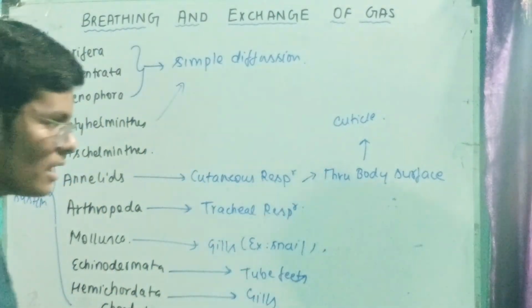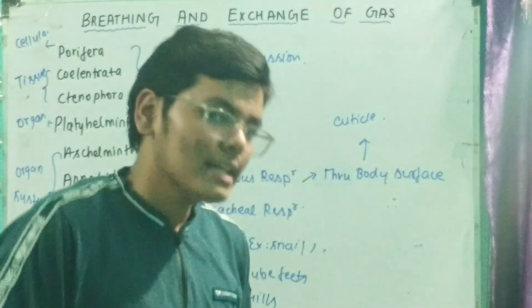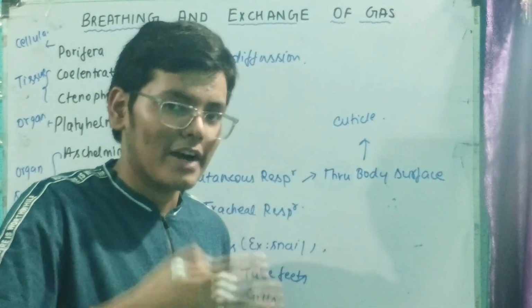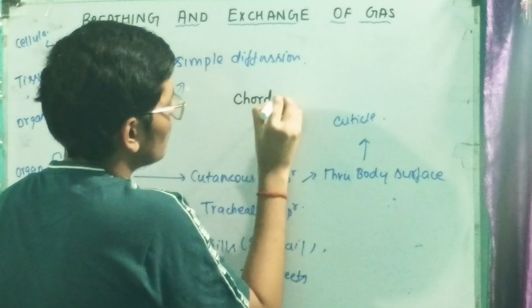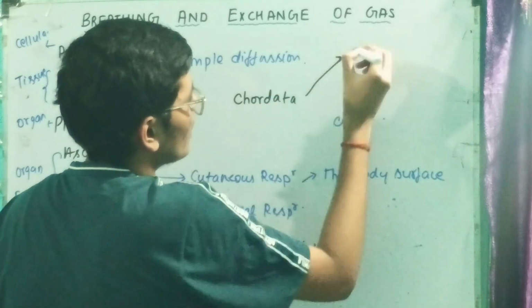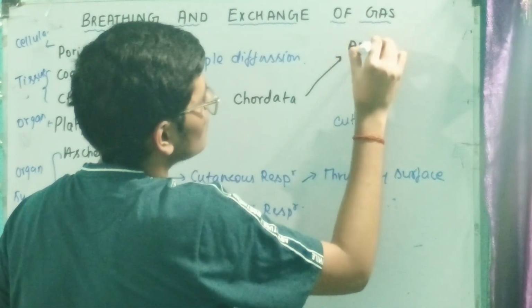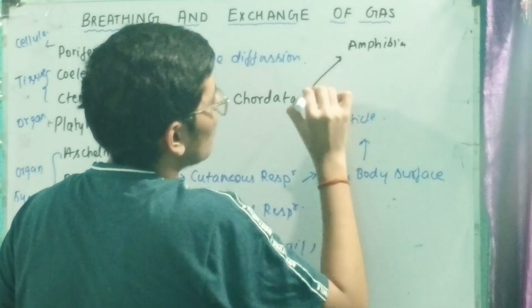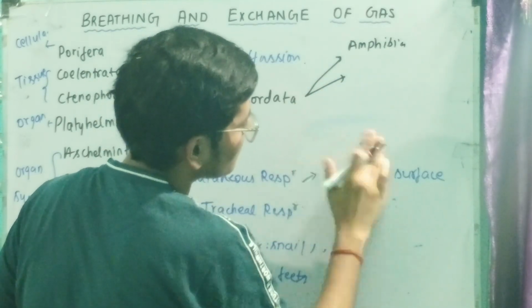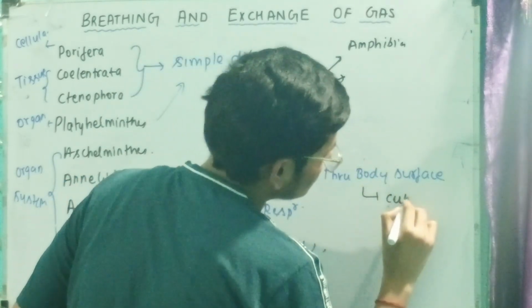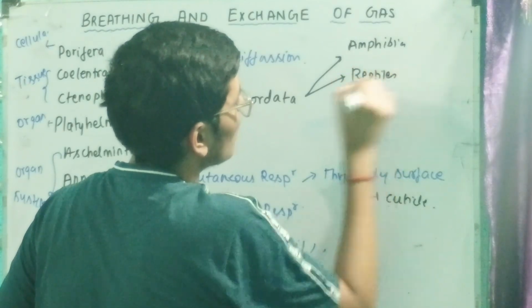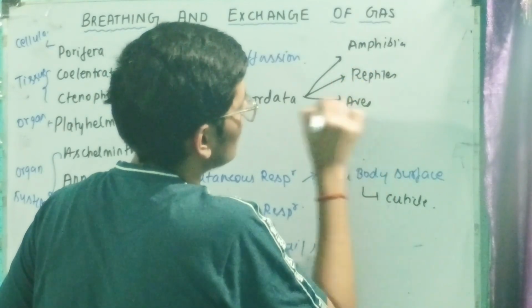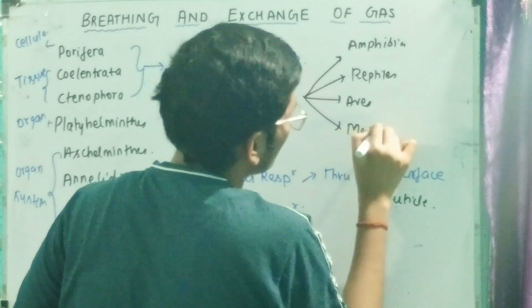Now coming to chordata, we know that chordata is divided into much finer branches. Chordata has amphibia, reptiles, aves, and mammals.